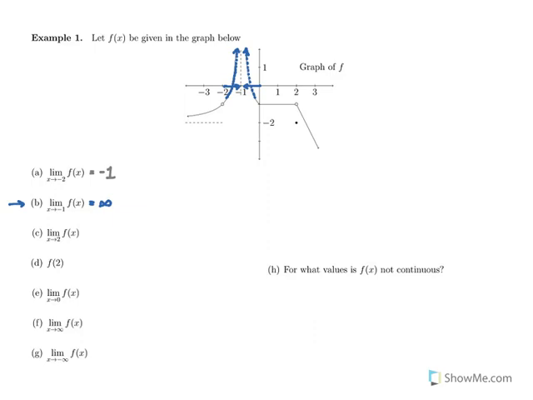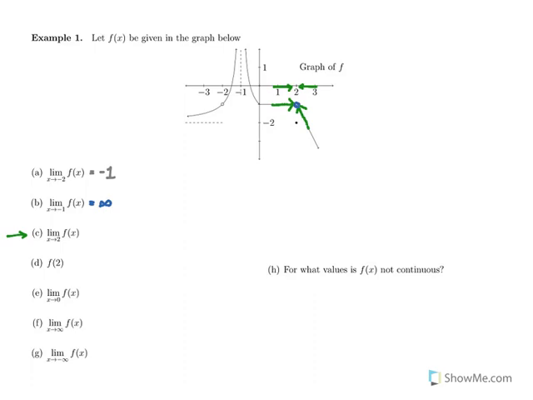All right, next one. Let's look at the limit as x approaches 2. So same thing here. We have approaching 2, from the left and the right. We're looking at the corresponding function values, kind of tracing our finger along the function. And we get closer and closer to that hole.